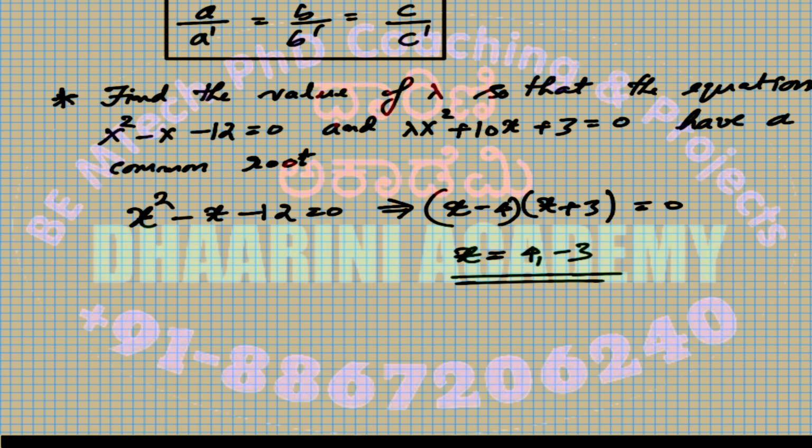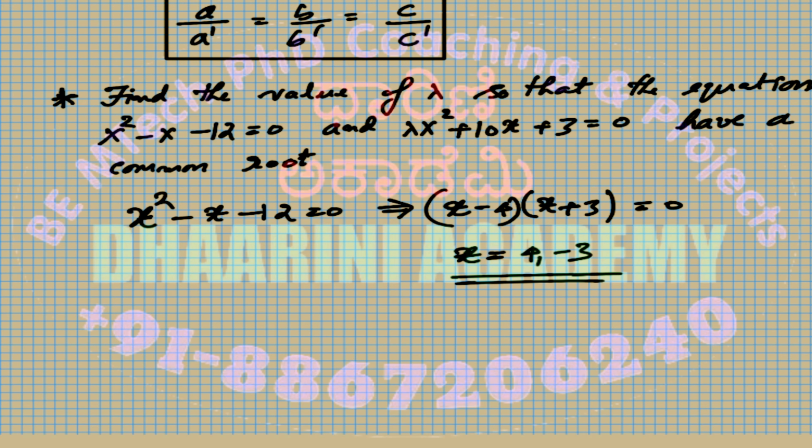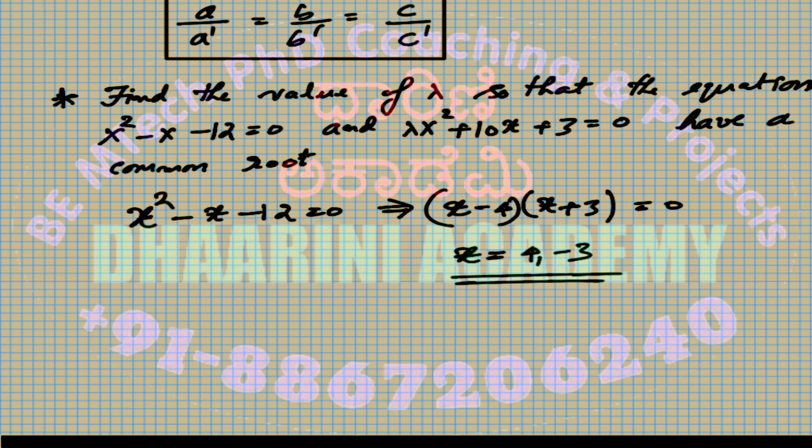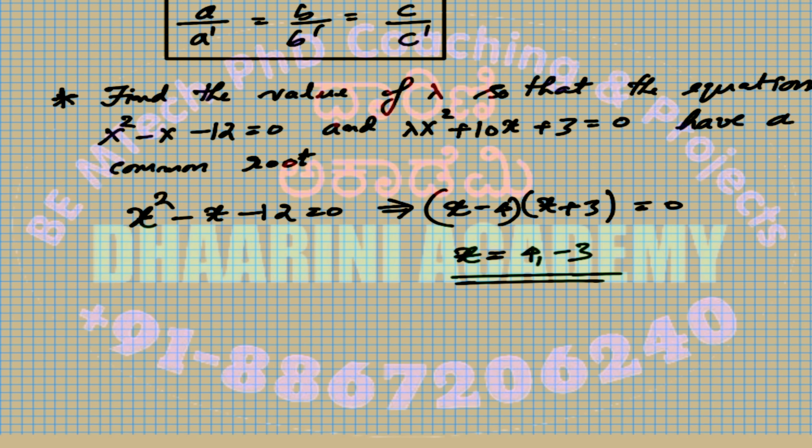Okay, now you see, if you have to have one of the roots as common, the condition is that I can calculate the coefficient of whatever is a.